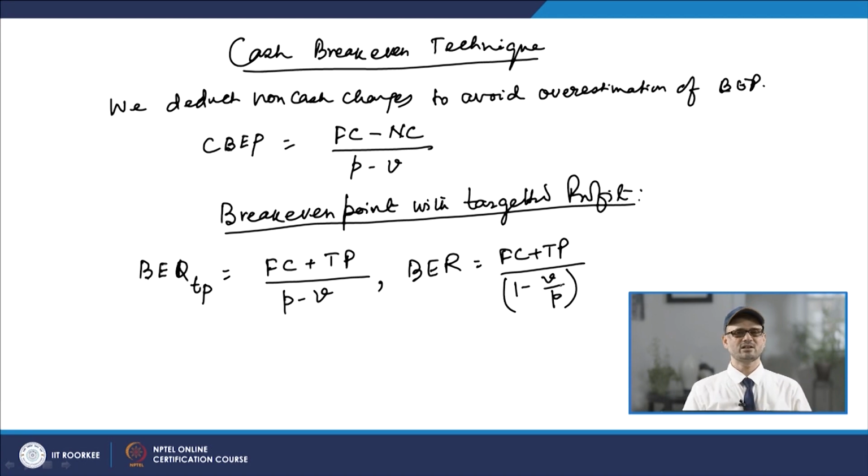So that is why it is defined as the break even quantity with targeted profit, and that is why you have here addition of TP in the numerator with FC, and here it is subtracted.